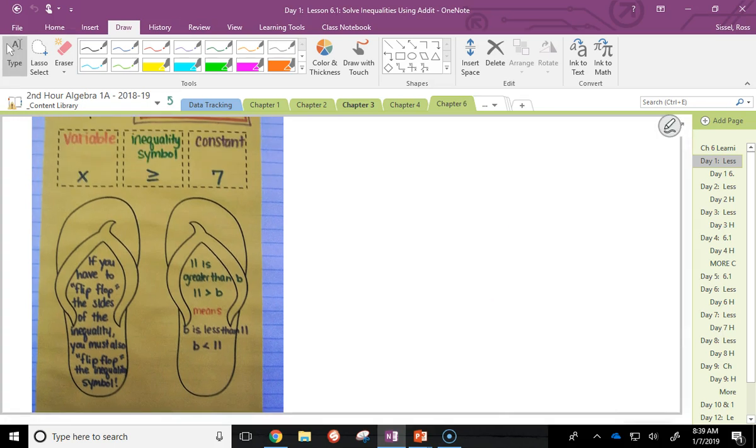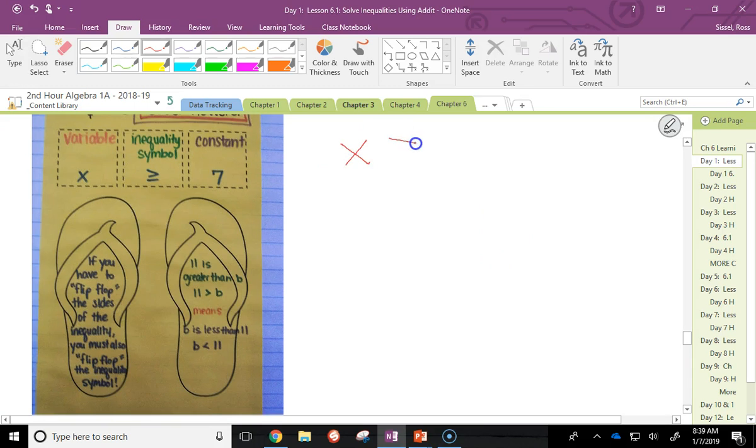What that means, if I said x is greater than or equal to 7, if for some reason I need to flip them around, usually we have our variable on the left because we read left to right.